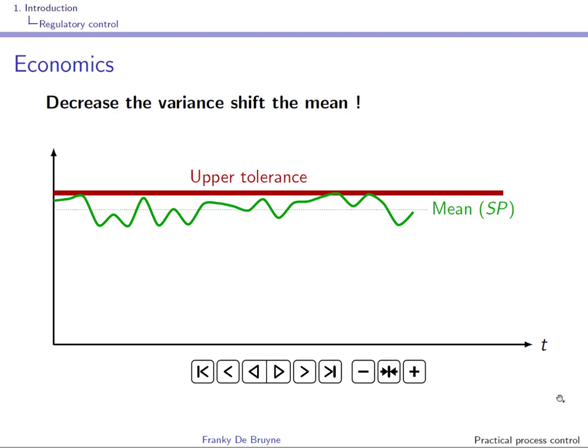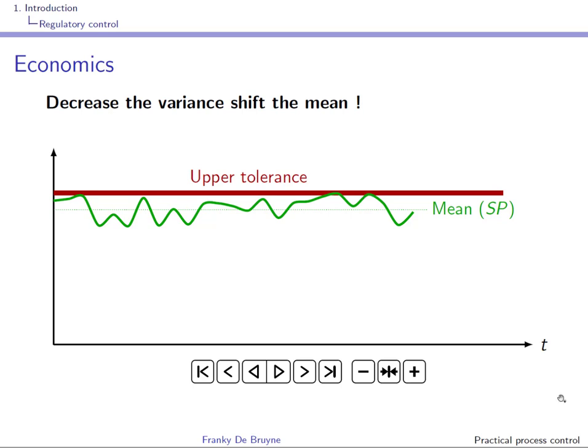You can clearly see that the variations around the set point are clearly smaller in this second situation. This means that the standard deviation has been decreased through control, and this means that the associated set point that can be chosen, remember that it is the upper tolerance minus 3 times sigma 2, is now much higher.